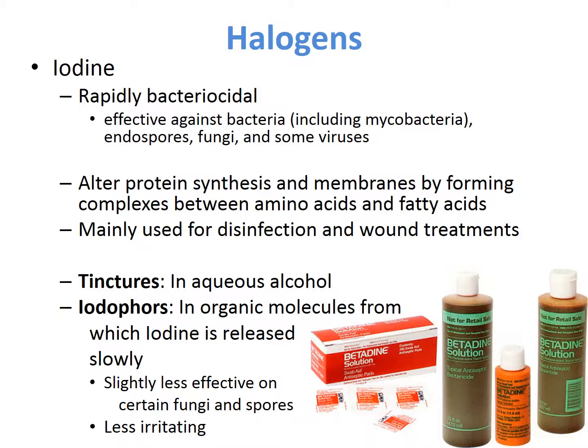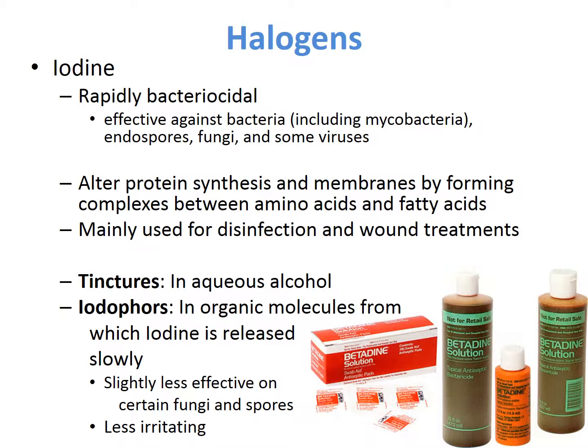Okay. Your next group of compounds are the halogens. Your halogens are going to include things like iodine and chlorine bleach. Iodine is rapidly bactericidal. It's effective against bacteria, including your mycobacteria. It's effective against endospores, fungi, and some viruses.